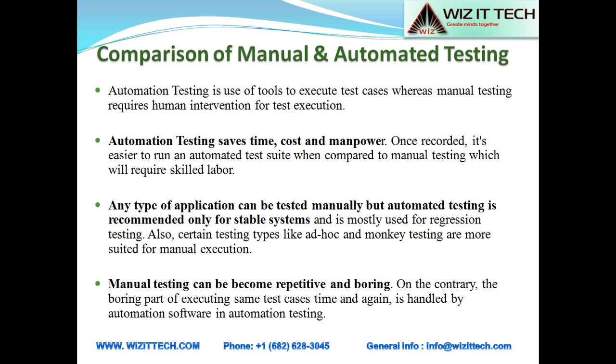Once you record it, it is easier to run the automation test compared to manual testing. Any type of application can be tested manually, but automation testing is recommended only for stable systems. For example, ad hoc testing and monkey testing are more suitable for manual execution.